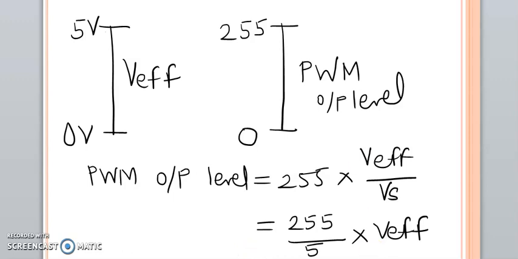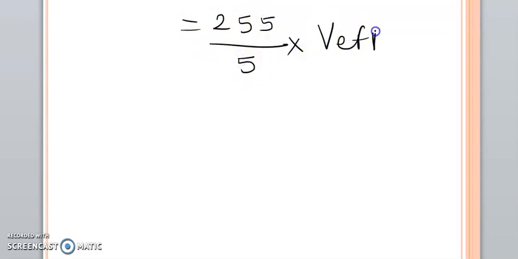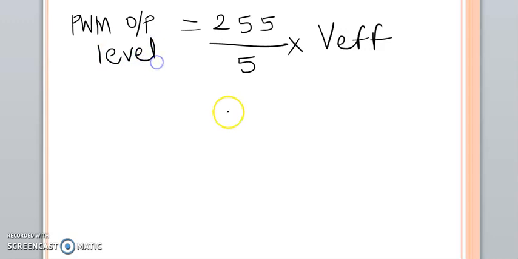I am going to repeat here, that is 255 by 5 into V effective, that is nothing but our PWM output level. Suppose one wants to generate a V effective equal to 3 volt.